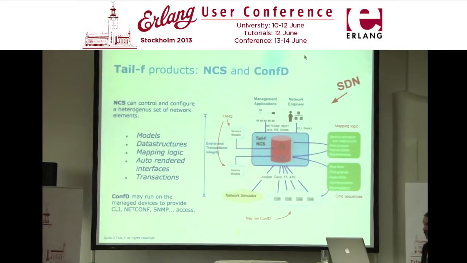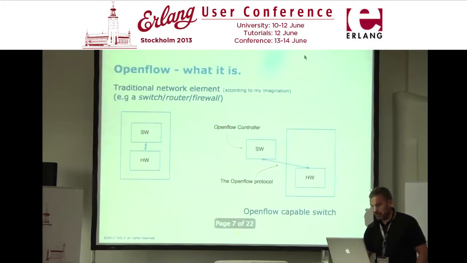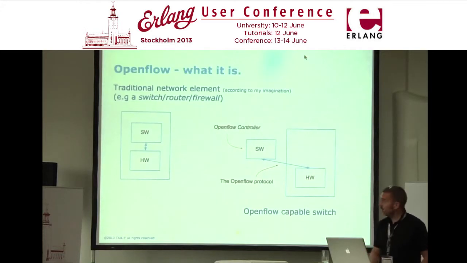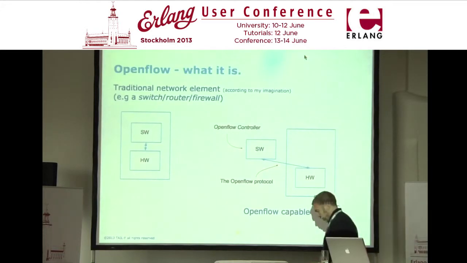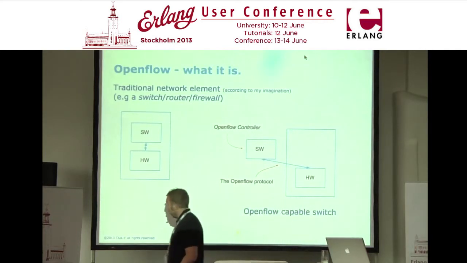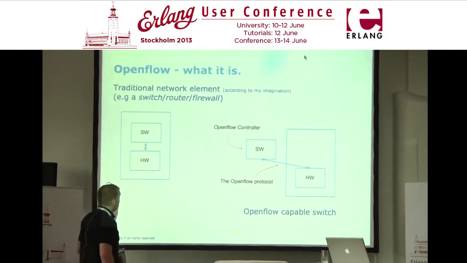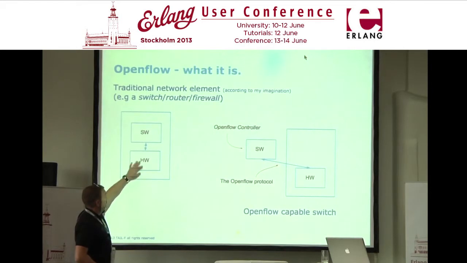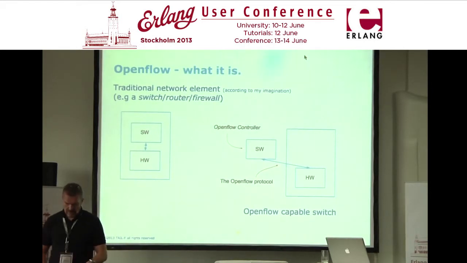Now we're going to talk a bit about OpenFlow, and then we're going to relate that to SDN to see how it fits into SDN. So OpenFlow, to me, if you buy a firewall or a router or something, you buy a box, a pizza box perhaps, you have some hardware, and controlling the hardware you have some kind of software, which is the logic that controls that firewall or router, whatever it is.